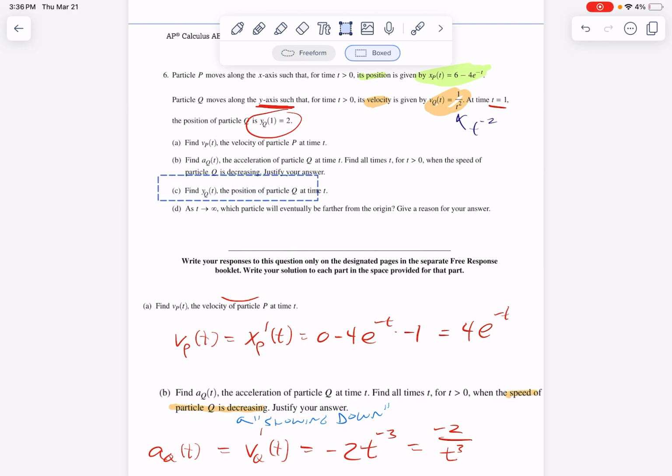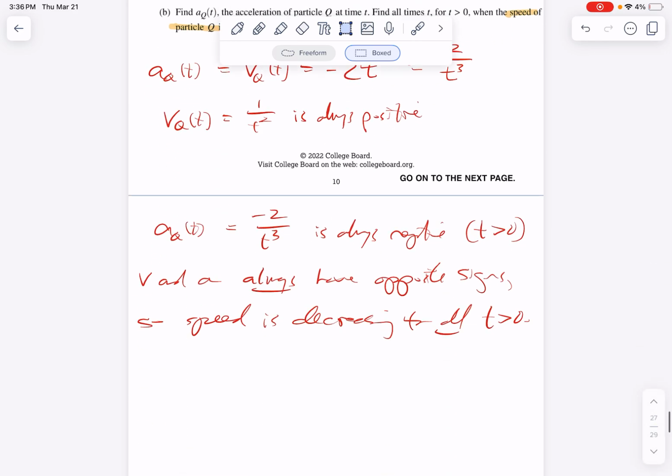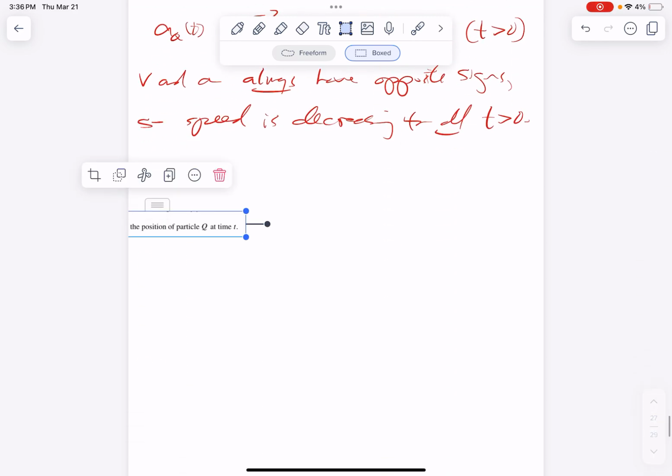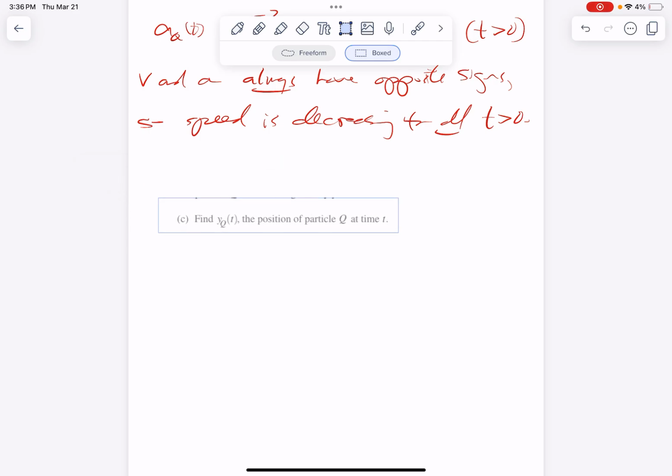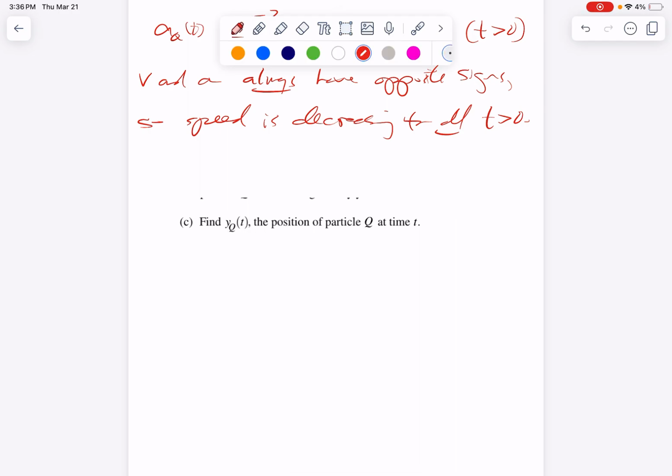All right, C. Find the position of particle Q at time t. So what we know is the velocity function. So we want to work backwards from velocity to figure out position.